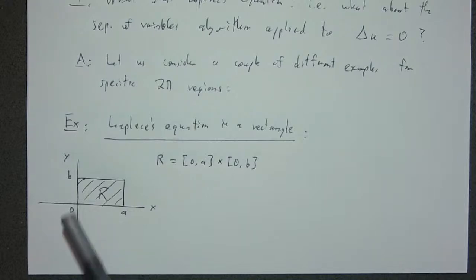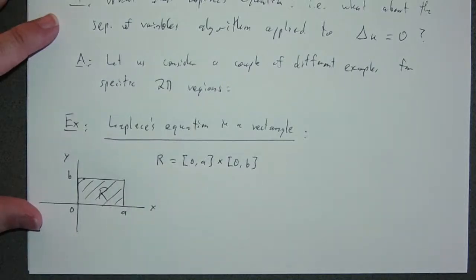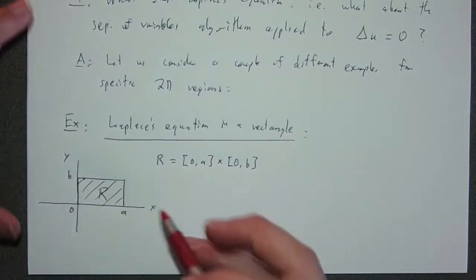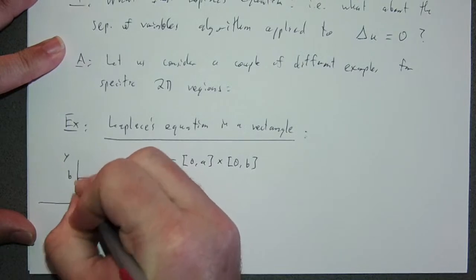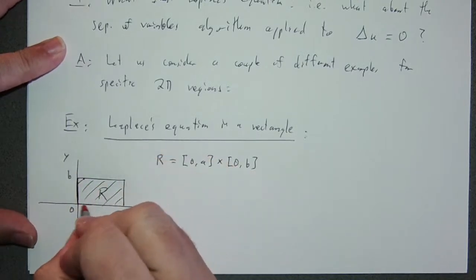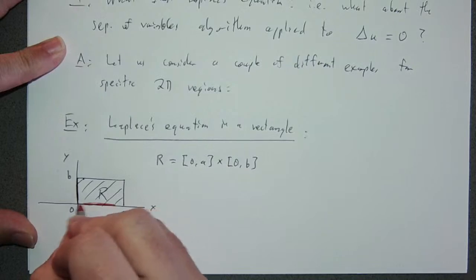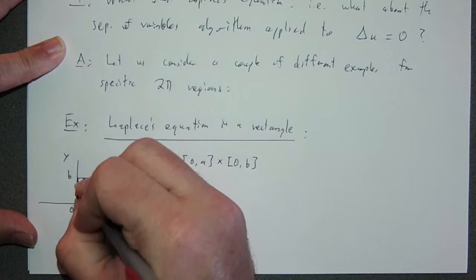And so what would boundary conditions look like? Well, what is the boundary here? Let me pick a different color. So what's the boundary in this case? The boundary is 4 pieces. Now you might say, well, can't I just consider them all together? It's a curve, right? Yes, it is a curve.